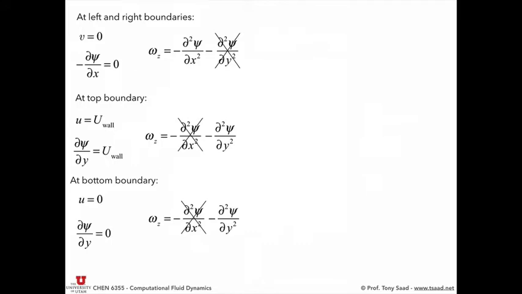Psi is constant, okay? Psi is constant. So this guy disappears. But over here, psi is not constant. It may happen that the first derivative is 0, but then what if the second derivative is sloping?